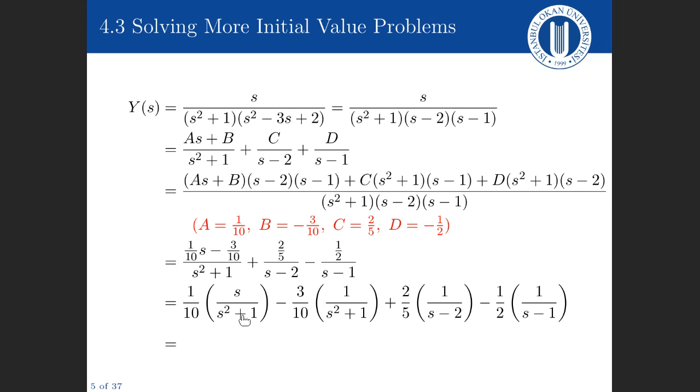We do this because s over s squared plus 1 is on the table of Laplace transforms. Minus 3 over 10, 1 over s squared plus 1, plus 2 over 5, 1 over s minus 2, minus a half, 1 over s minus 1.